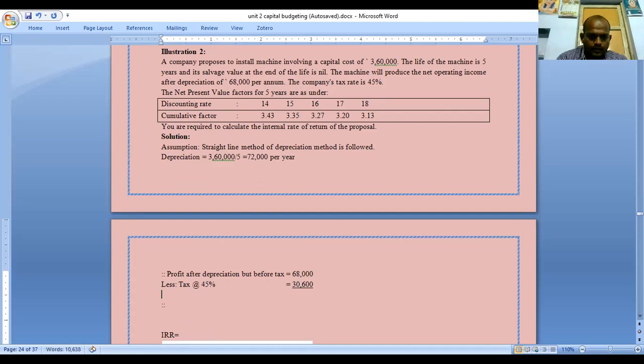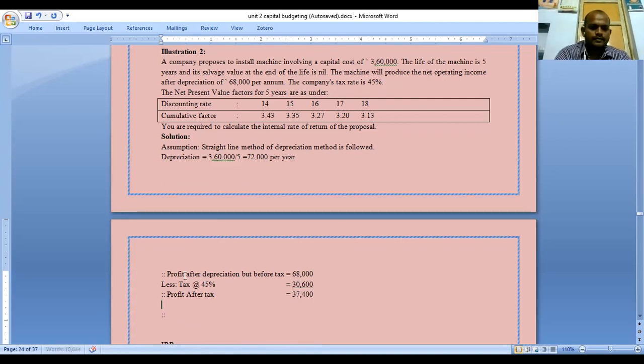Therefore profit after tax is 37,400, add depreciation 72,000, cash flows per year.